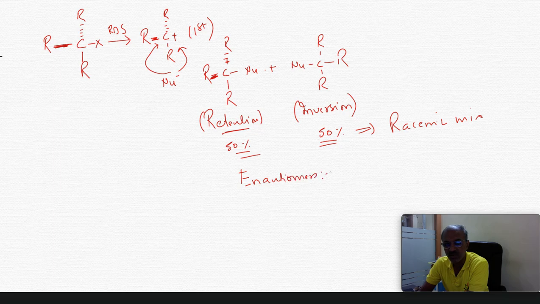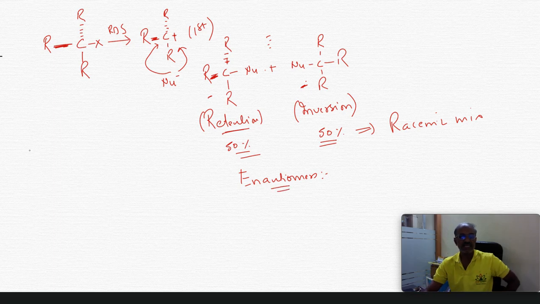Because what are enantiomers? Non-superimposable mirror images. Although these two are mirror images, when I put a mirror in front of them, they are non-superimposable. This structure and this structure are not going to overlap on each other. So they are non-superimposable mirror images.